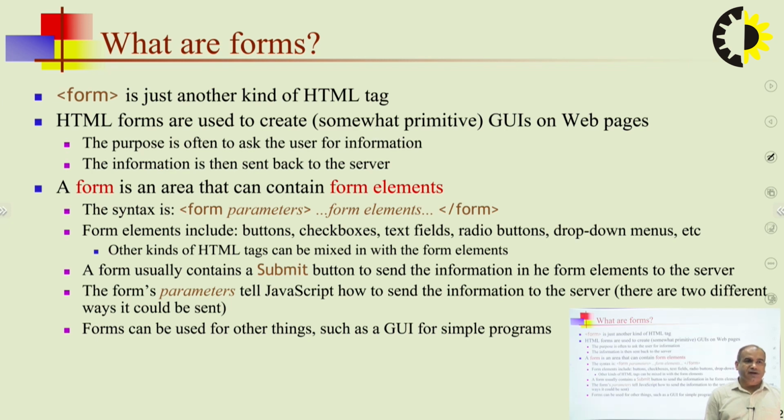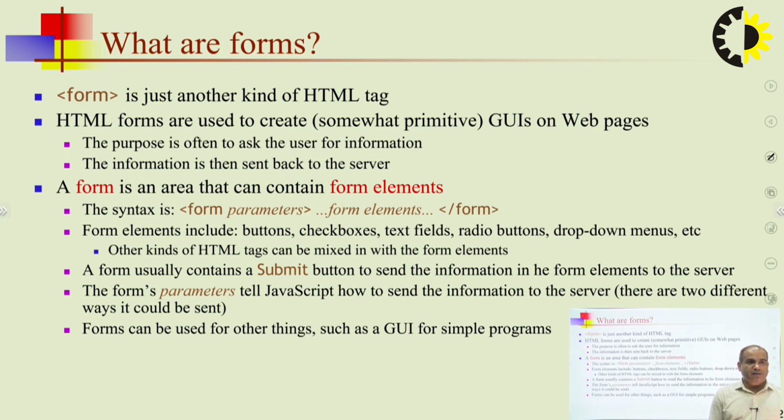A form usually contains a submit or reset button. When we click on the submit button, the information we fill in that form will be sent to the server. And if we use the reset button, in that case the complete information will be reset to its default initialization.